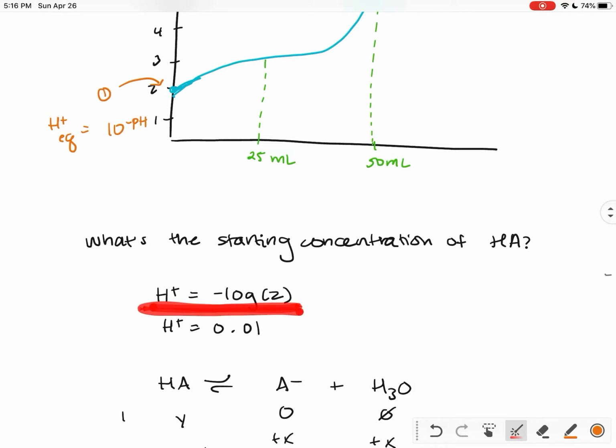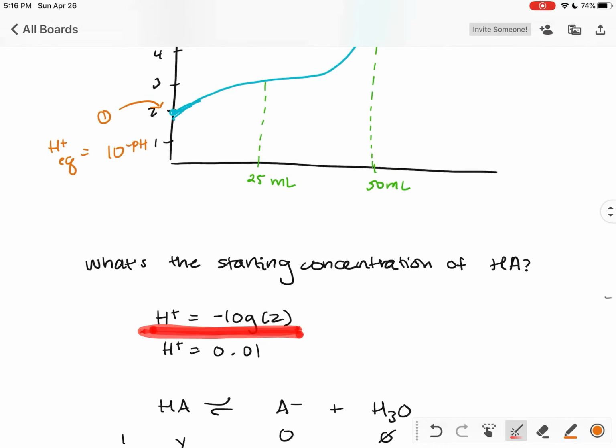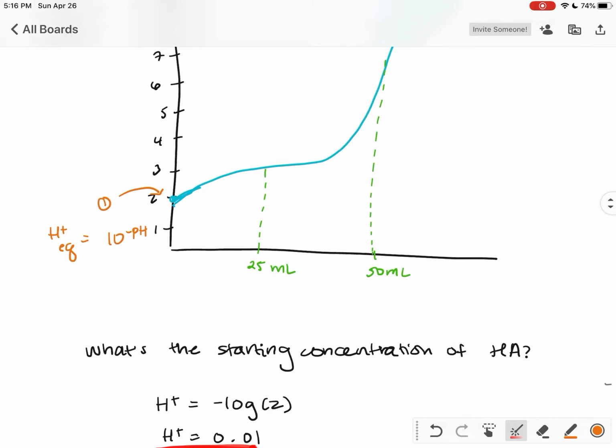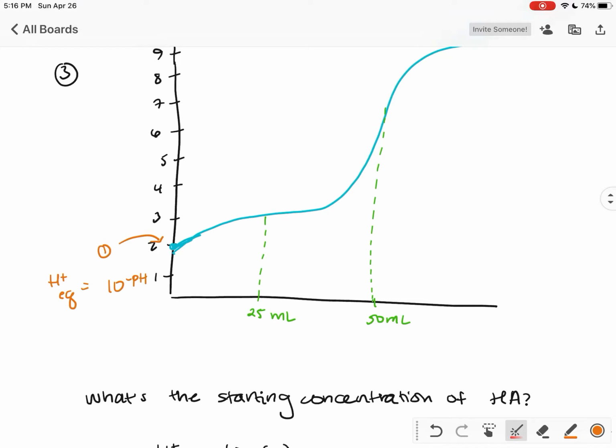So we'll get H+ equals 10 to the negative 2, which is 0.01, our H+ value. And then the other value that we know right off the bat is we have to remember the relationship that at the half equivalence point, our pH equals our pKa.